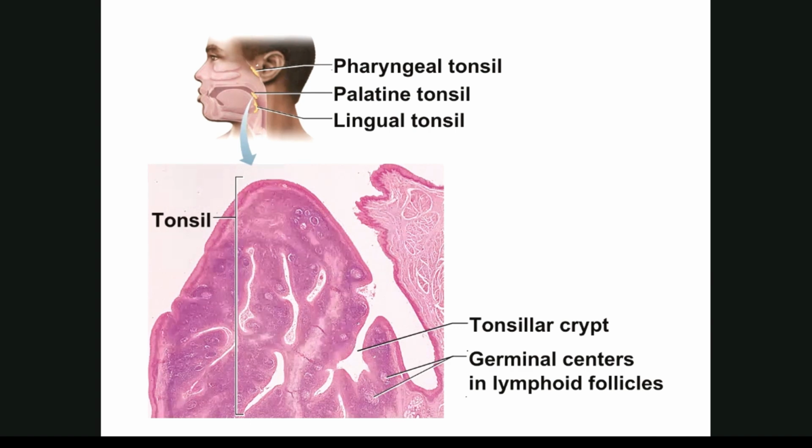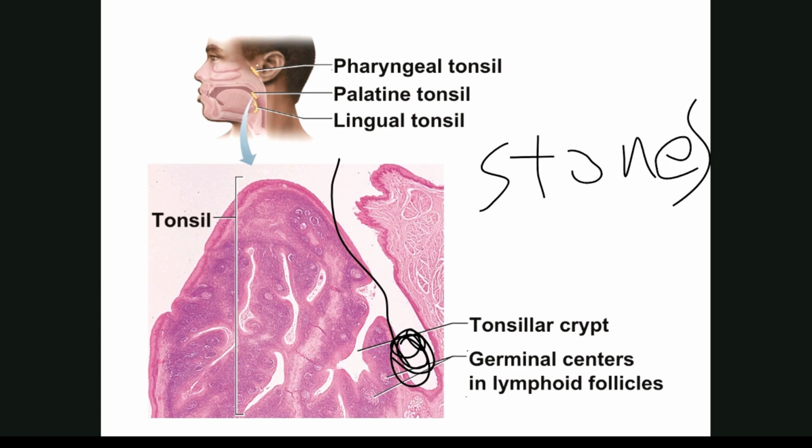Now, one loophole in their 10 infections thing: if you get little particulate matter caught up in these tonsillar crypts, filled with pus, and then it slides out, they call them tonsil stones. You can recognize them by how they're caught in these crypts. And the person that has them has bad breath, bacteria breath, and they cough the stones out, and when they do, you get bleeding in the tonsil.